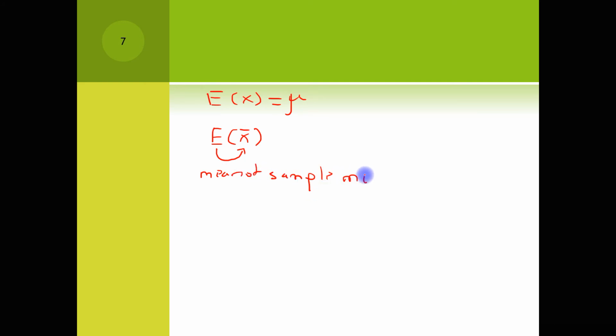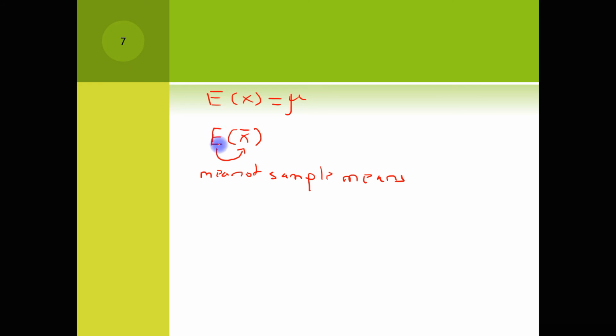So how can I formalize that in terms of mathematics? If the expected value of x is represented by mu, according to what I explained earlier in terms of notation, then according to the first observation, the expected value of x bar, that is the mean of sample means, is defined as expected value of x bar.